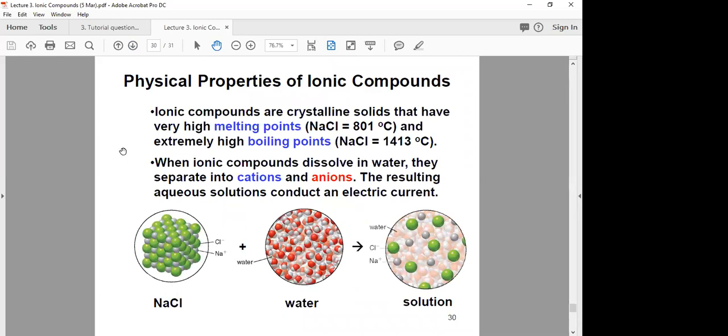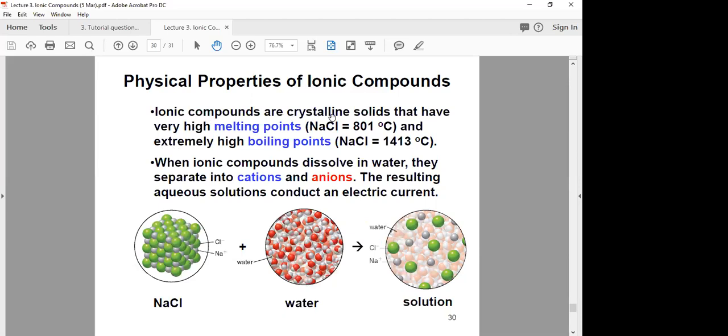Okay, we're nearly there. Now, just very briefly, the physical properties of ionic compounds. Ionic bonds tend to be very strong bonds, that attraction between two ionic atoms. It's a very strong bond. So you'll see from the numbers here that ionic compounds have some pretty extreme properties.